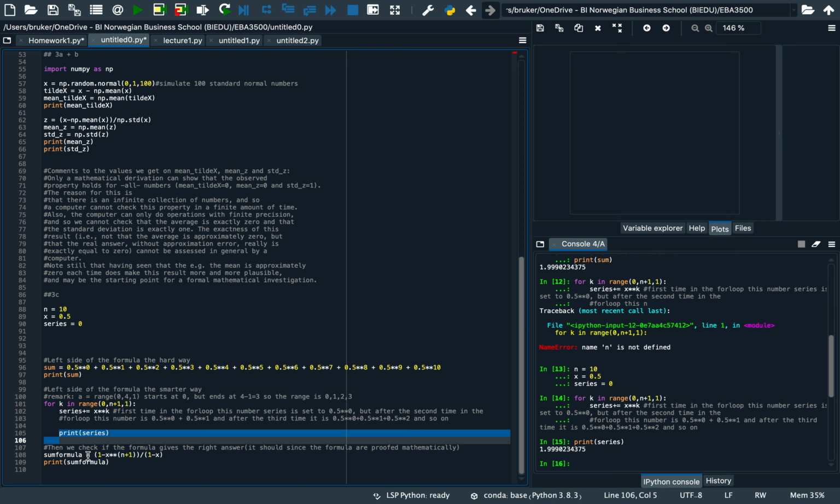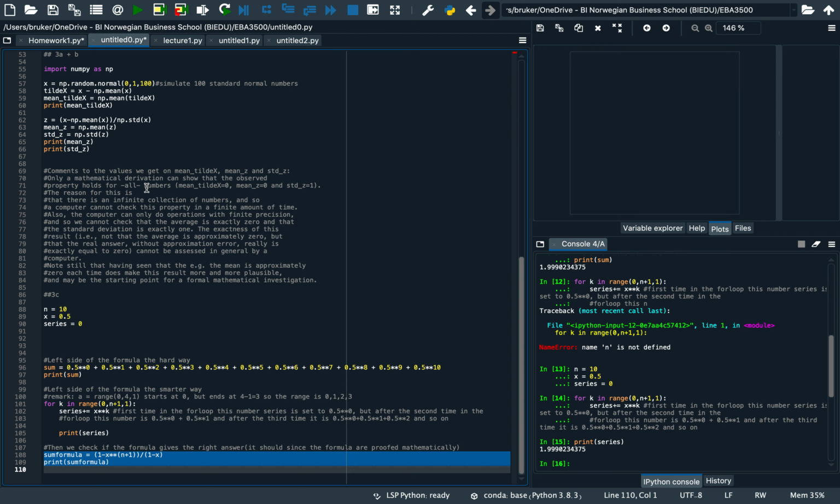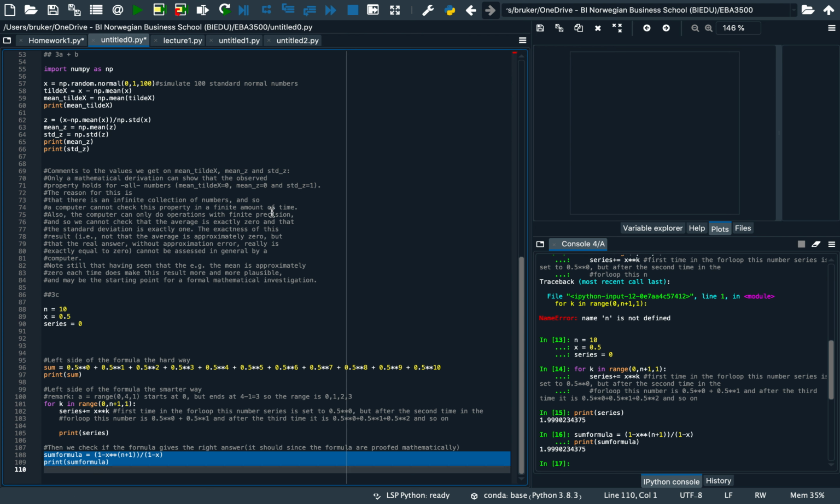So the sum formula is equal to 1 minus x to the power of n plus 1, divided by 1 minus x. And with n equal 10 and x equal 0.5, this sum should be the same as the left side, and we can see that's true.